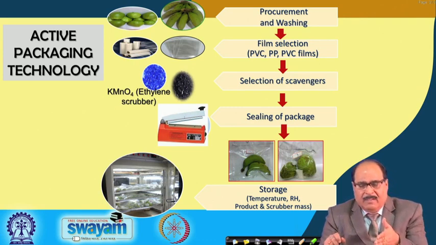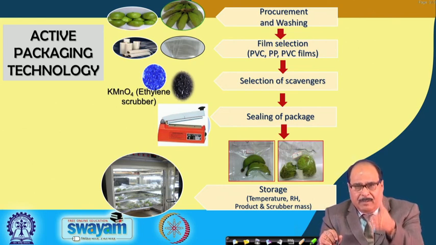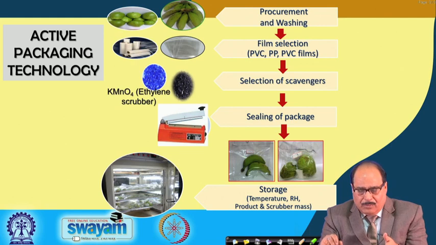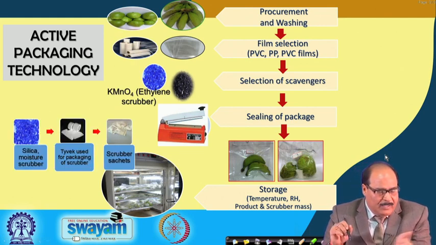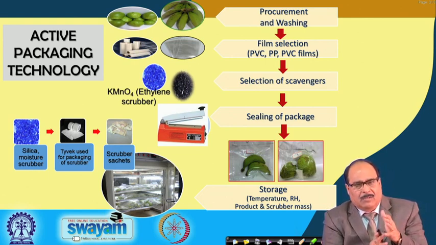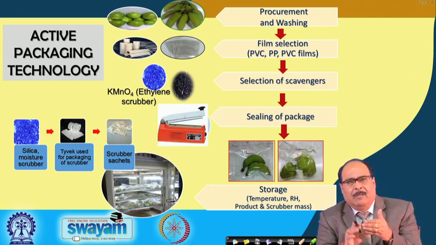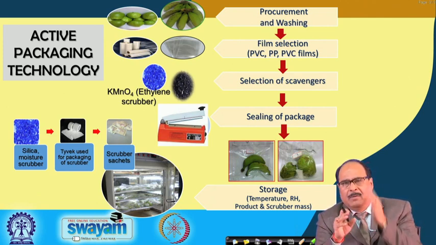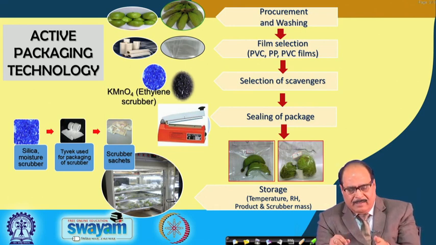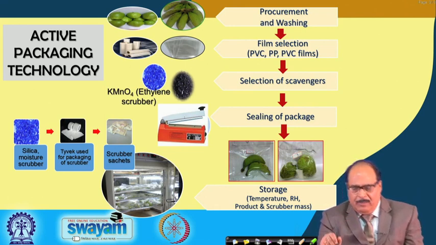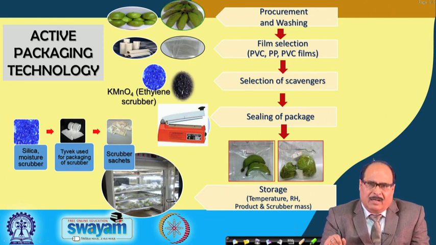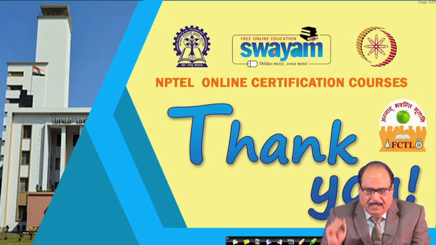Accordingly, depending upon the permeability, the material, and the food, fruits, vegetables, etc., you need to select the scavenger. These scavengers, for moisture or for other scrubbing, may be put into some sort of sachet, or they come in the form of film. So, this should also be packed, and the calculated amount is kept inside the package for the required effect.